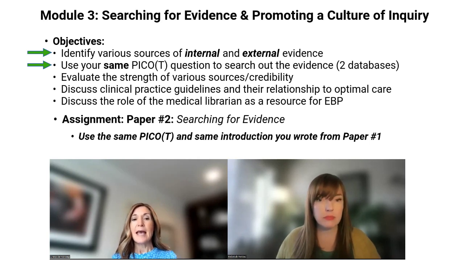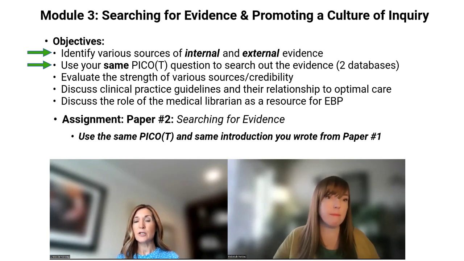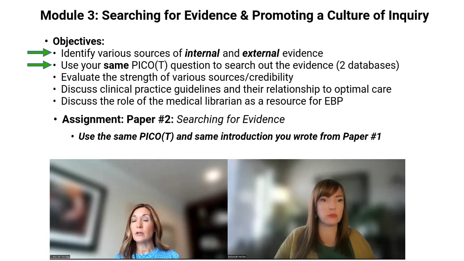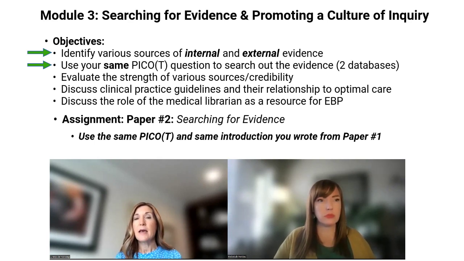Yes, that's right. One thing I'll add to that is we typically have a few students each semester who are not in clinical practice yet. You might have just graduated and you don't have a job, and that is perfectly fine. What we recommend is that you make a phone call or send an email and ask a nurse manager or a nurse educator who happens to be working in an area where your PICO would be of interest.